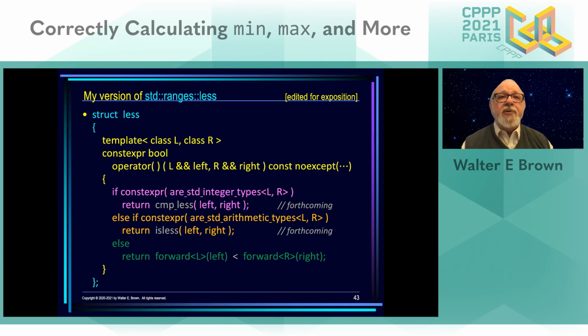If it turns out they're both integer types, then I'm going to call the compare less that I'll talk about in just a moment, which I mentioned on the previous page. Otherwise, if they're not both integer types, but they are both standard arithmetic types, then I'm going to call isLess in the standard library. And I'll discuss that in just a moment. Otherwise, I'm just going to do a less than comparison. But of course, I have to forward the two values since I took them by forwarding reference.